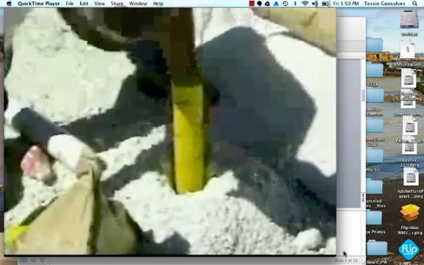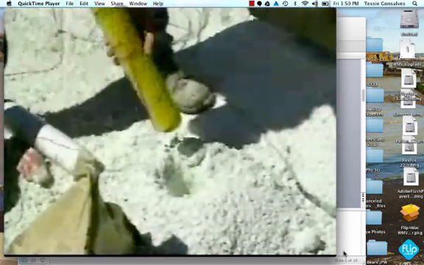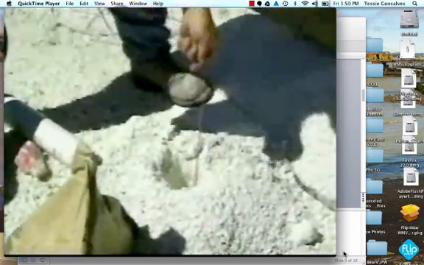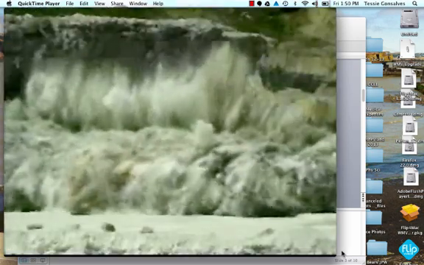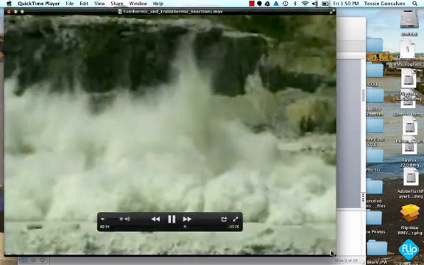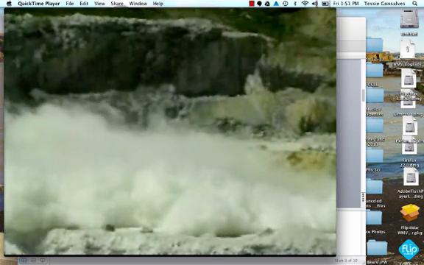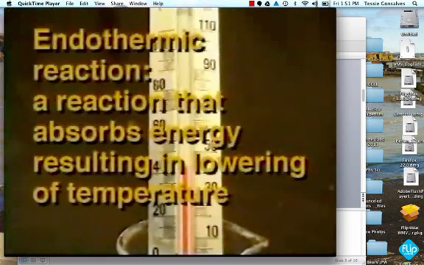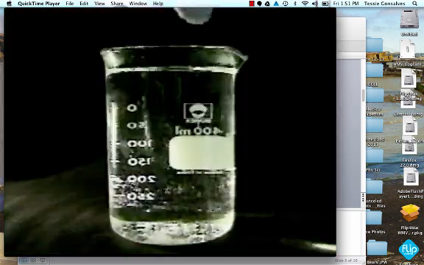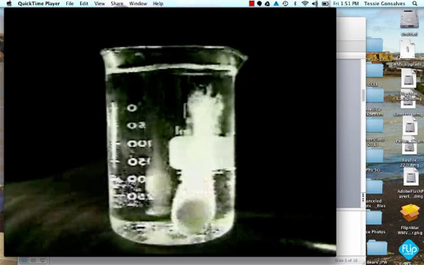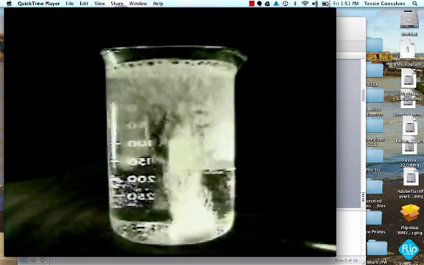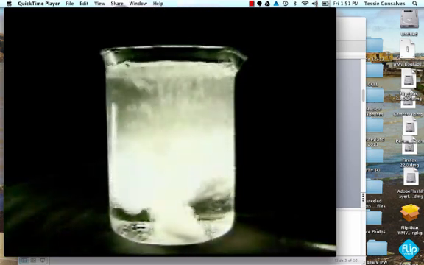The chemicals used to create explosions in this marble quarry also produce chemical reactions. In contrast to exothermic reactions are endothermic reactions. An endothermic reaction absorbs energy, which results in an overall lowering of temperature. This antacid, when dropped in water, creates an endothermic reaction and causes a lowering in temperature.